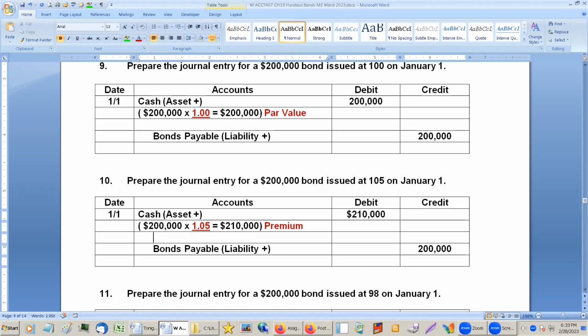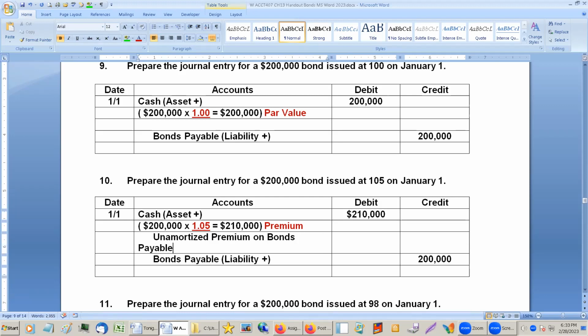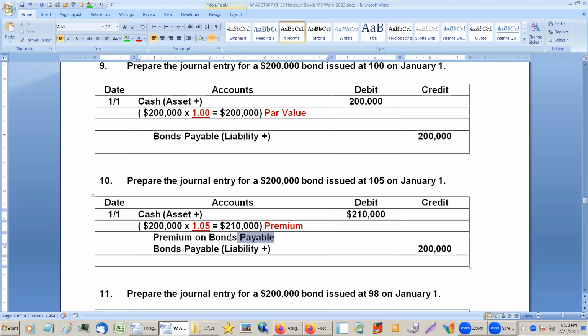The true name of this account, I'll write it out, don't put this in, is unamortized premium on bonds payable. I vote that we just call it premium.